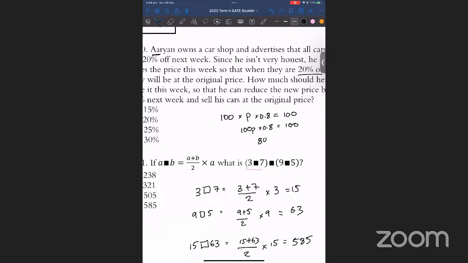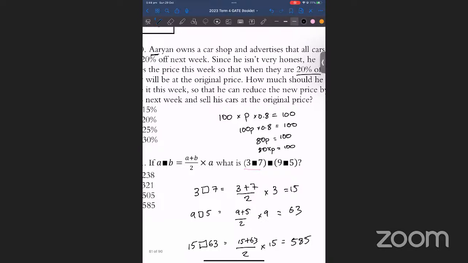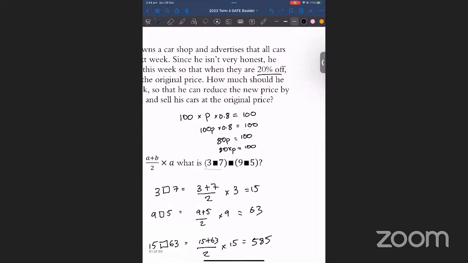Good. So 80P is equal to 100. Now, what's 80P the same as? It is 80 multiplied by P, which is equal to 100, correct? Now, we need to bring 80 to the other side. P is equal to 100 divided by 80.